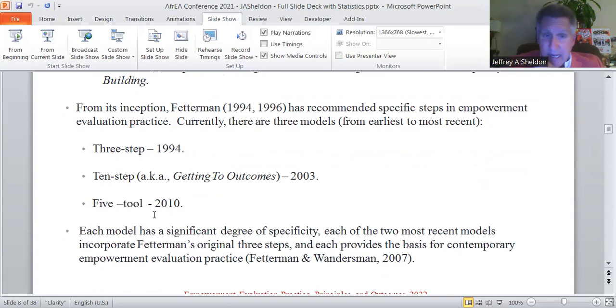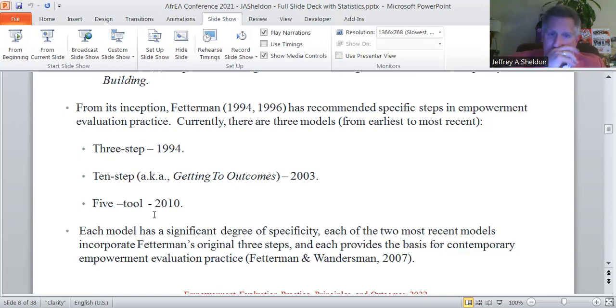The first model was something called the 3-step model, and then the second model, the 10-step model, and the 5-tool model all basically have the original 3-step model. Those steps are embedded in the 10-step and then the 5-tool models. So you can see from 94 to 2010, there's been an evolution.